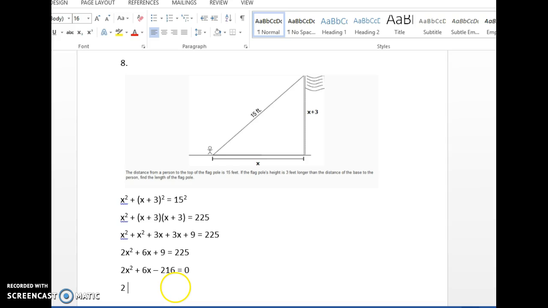I have a common factor of 2, which I can factor out. And at this point, I'm going to go ahead and pause, and we'll pick this up with another recording.